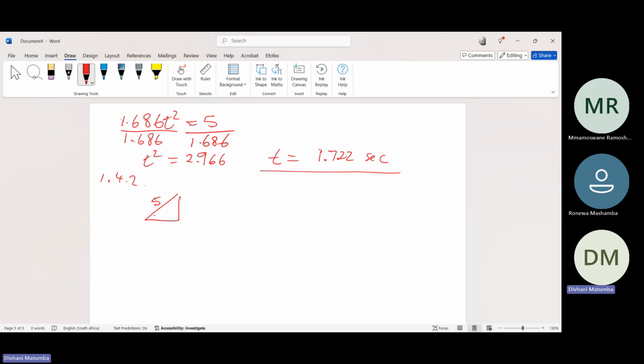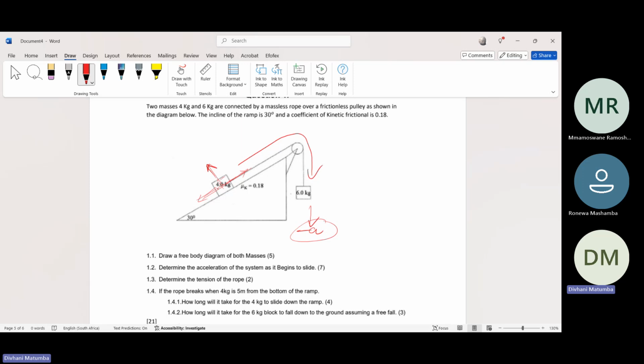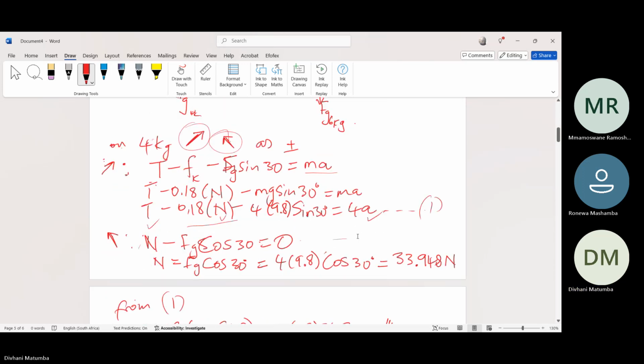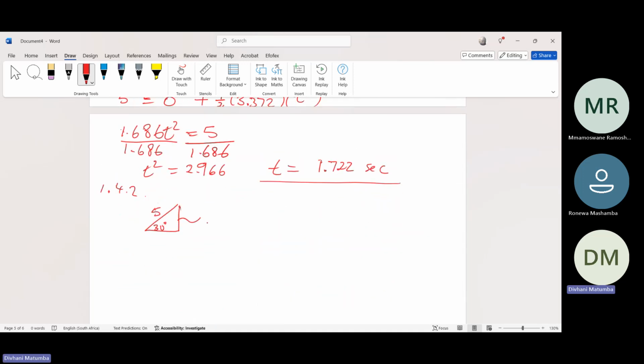If this is 5 and the angle here is 30, what is the height here? Because I assumed that the two objects are at the same height just before the snapping. I assumed that if I get that height, it will be the same as that one. So what will be the value of height in this case? Mamswan.